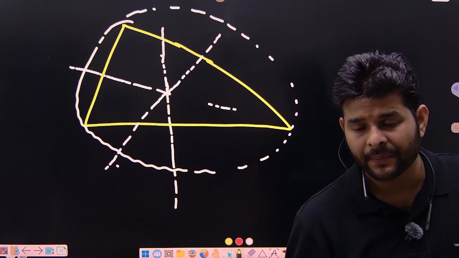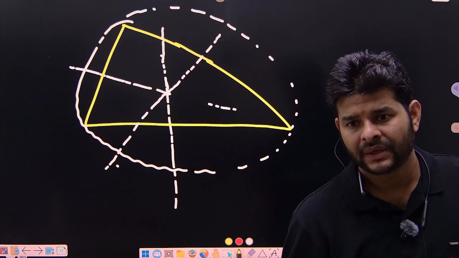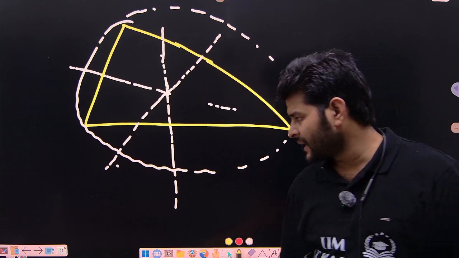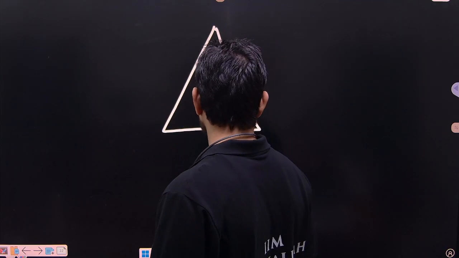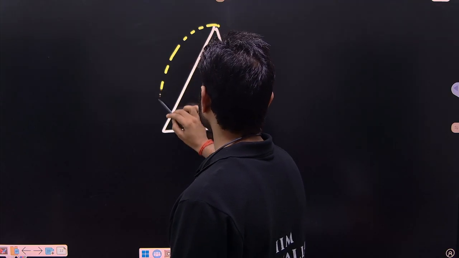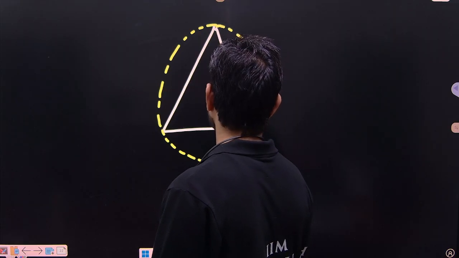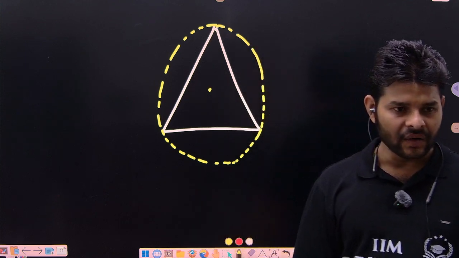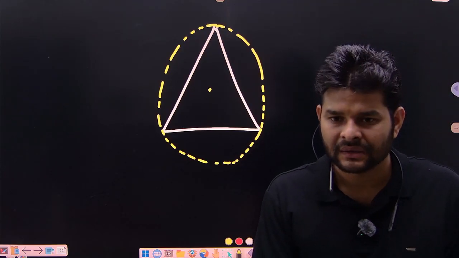It's totally dependent on what properties the triangle has. If the triangle is acute, and if you draw the circumcircle, the center of the circumcircle must be inside the triangle.